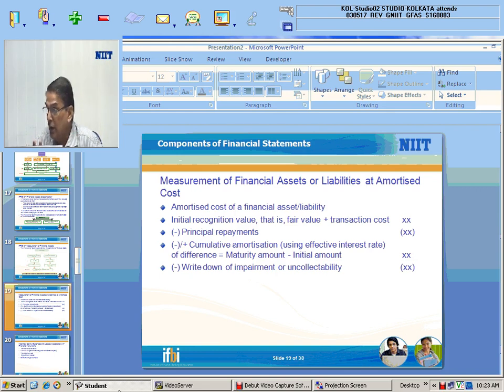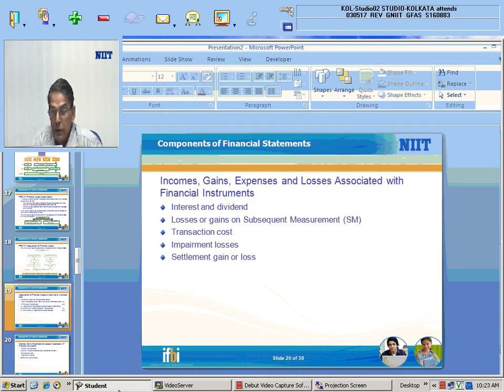Let's look at an example, then we will understand what cumulative amortization means. This is how it is calculated. And write down for impairment or uncollectability can be adjusted. If there is a write down involved, that can be adjusted also to arrive at the amortized cost. So we'll find an example shortly.